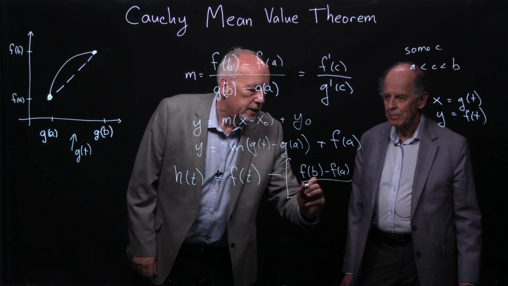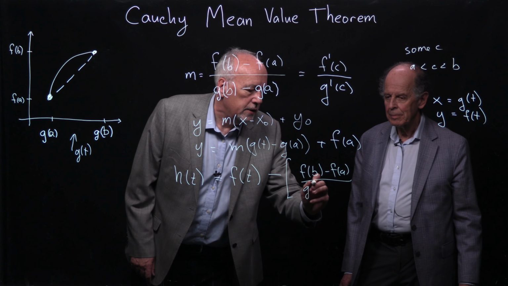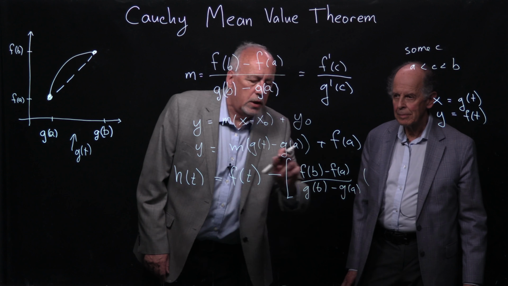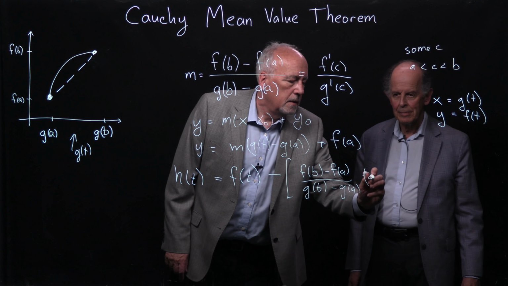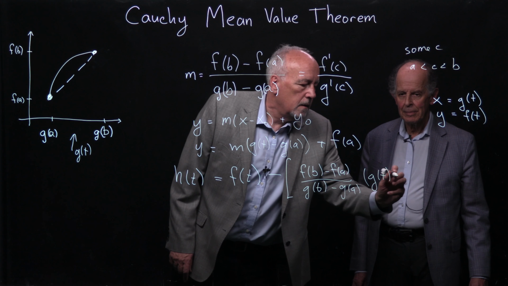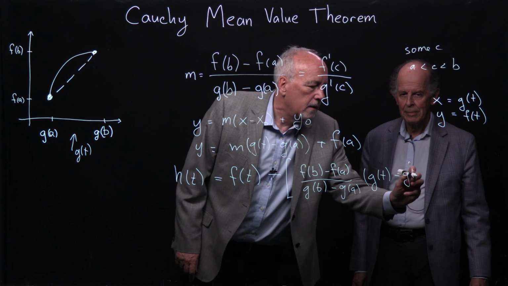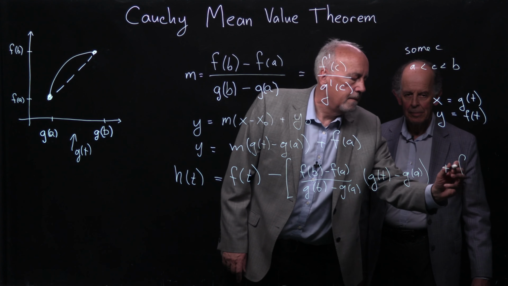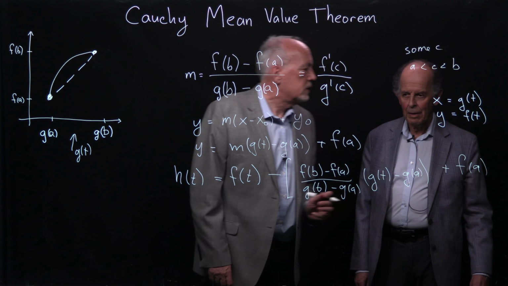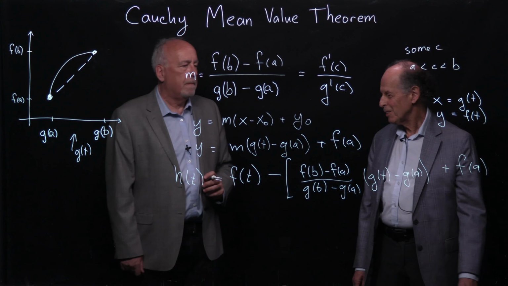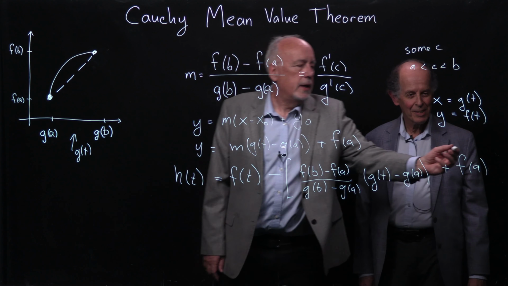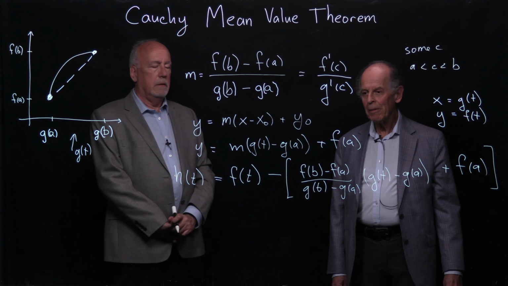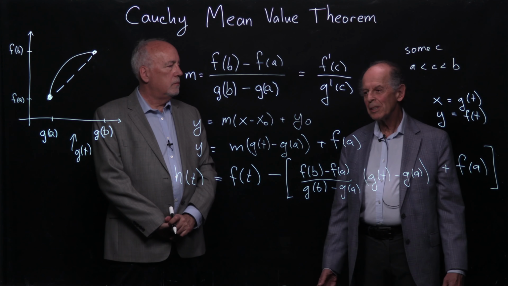This is just some number, it doesn't depend on t. G of b minus g of a multiplied by this thing, g of t minus g of a, plus f of a. That's our little helper function like in the last video. Closed bracket. Closed, thank you, Matt. Syntax is important. All right, so we're in good shape.